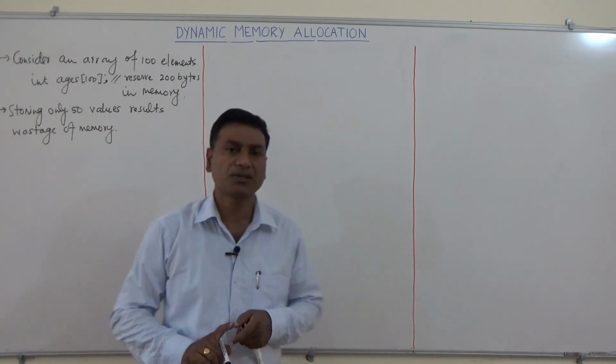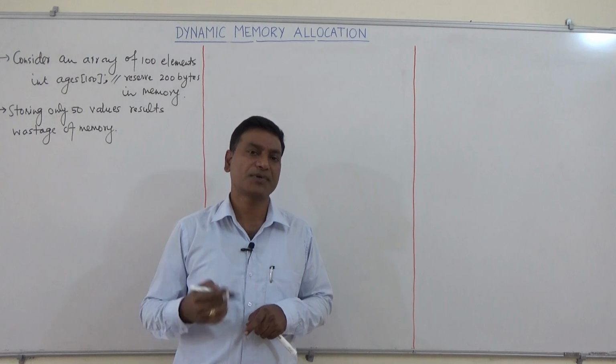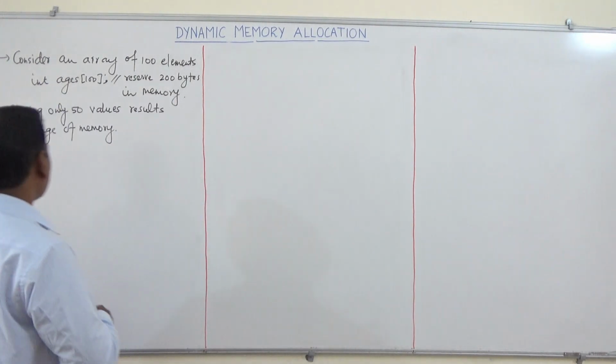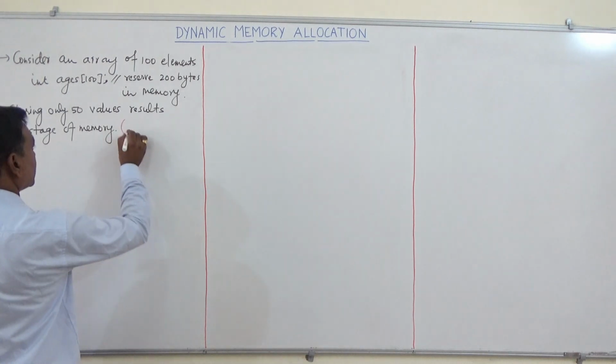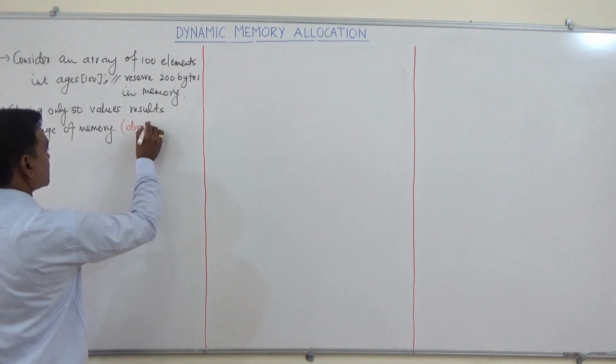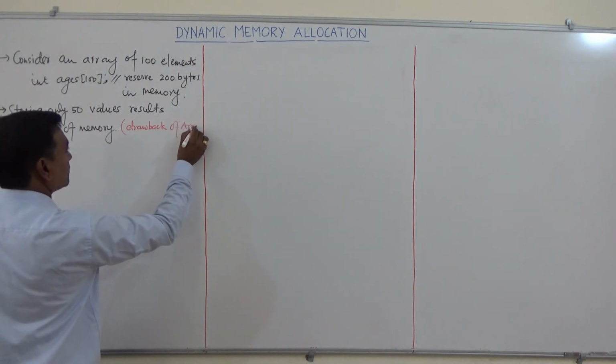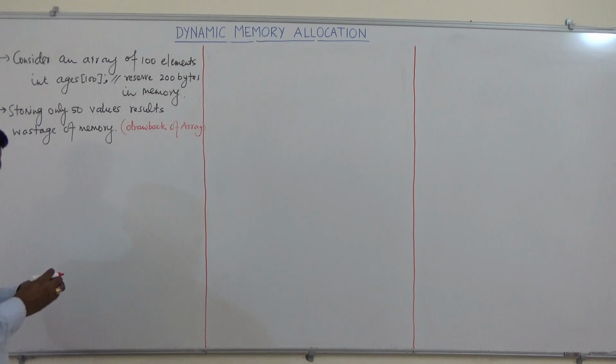We are using only 50 locations, which means we are wasting the other 50 locations. So this is the drawback of array.